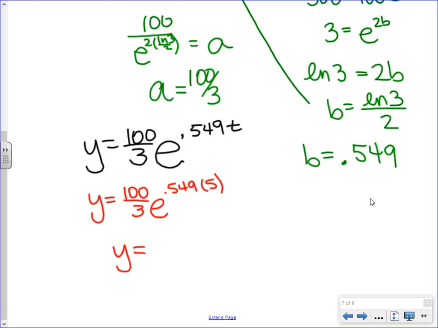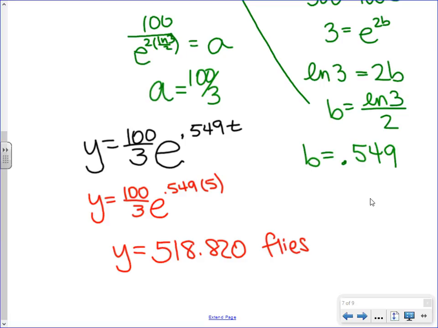What do we get? 500 and what? Obviously, we can't have 0.8 of a fly, right? But we can probably count on having 518 fruit flies, for sure.